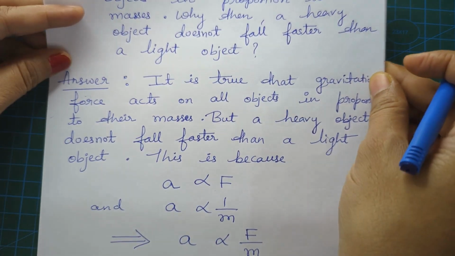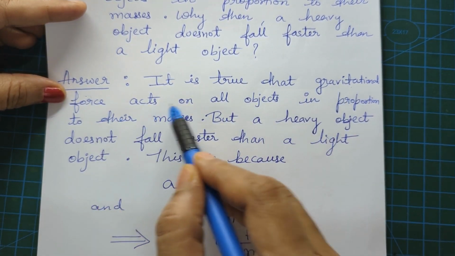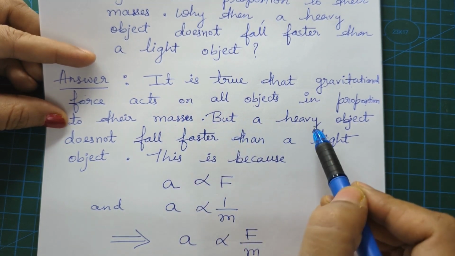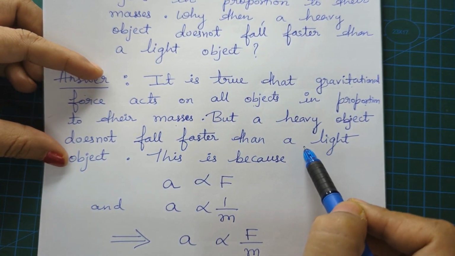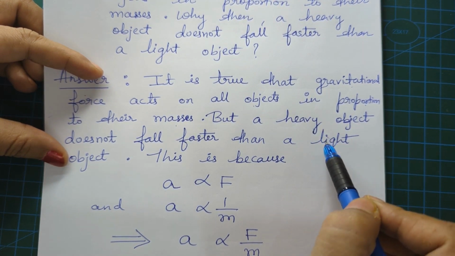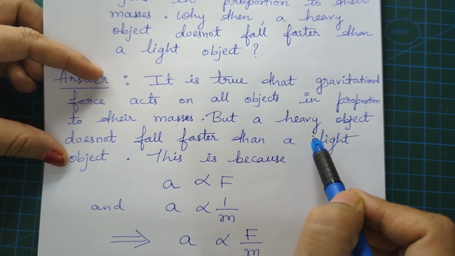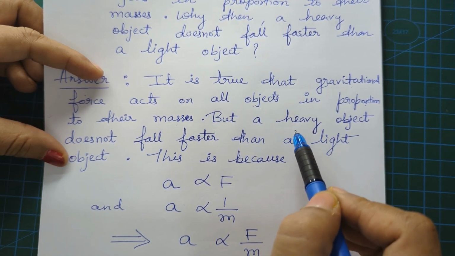So I'm answering the question. It is true that gravitational force acts on all objects in proportion to their masses. But a heavy object does not fall faster than a lighter object. Its meaning is that a heavy object and a light object, if dropped from the same place or same height at the same time, both land on the surface of earth together.